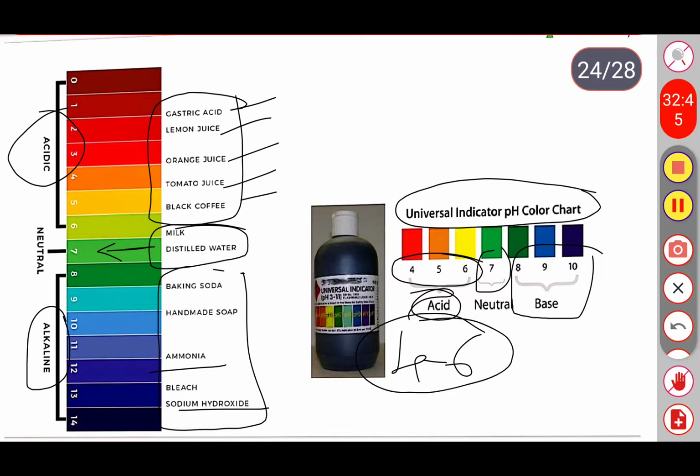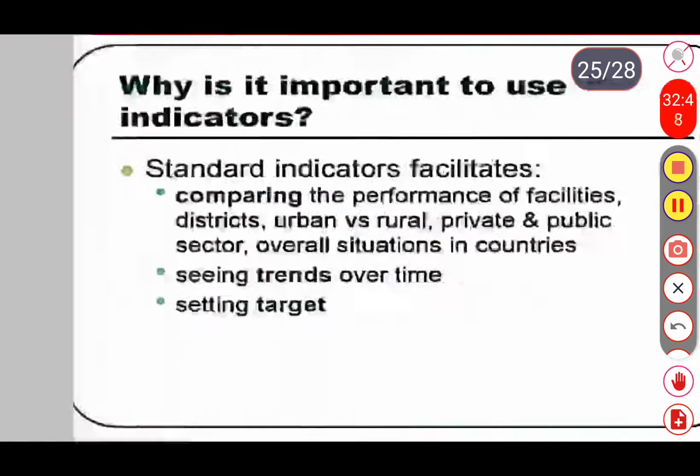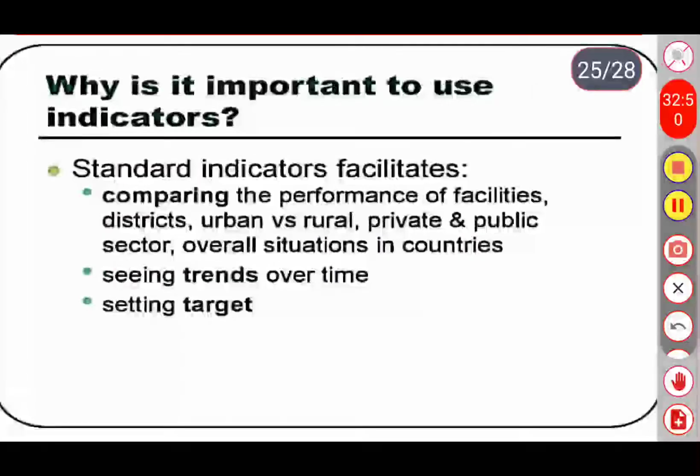So what is the importance of these indicators? Why can we use the indicators? The first most important is with the help of indicators we can easily identify whether the substance or solution is acidic or basic. And second one is, the standard indicators facilitate comparing the performance.